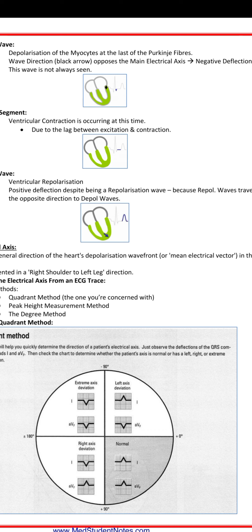So ventricular repolarization is occurring in the T wave, with positive deflection.